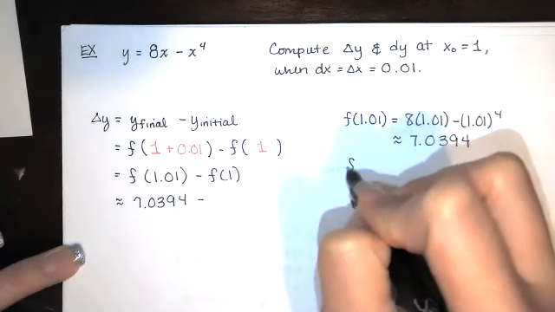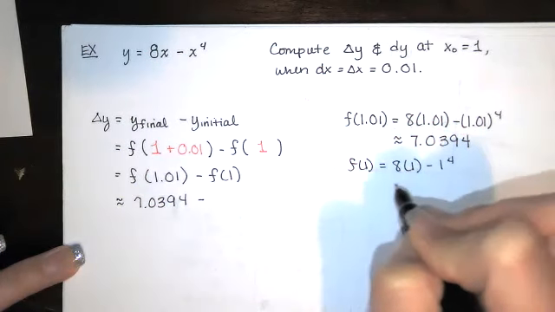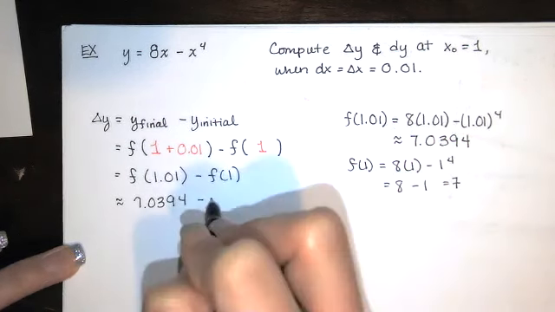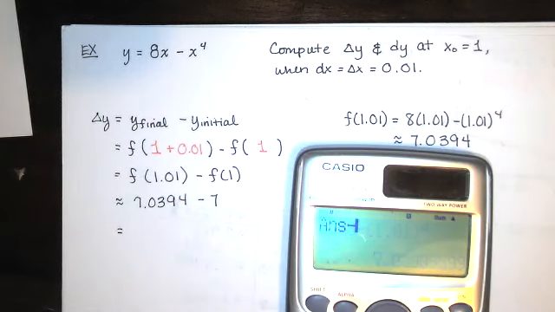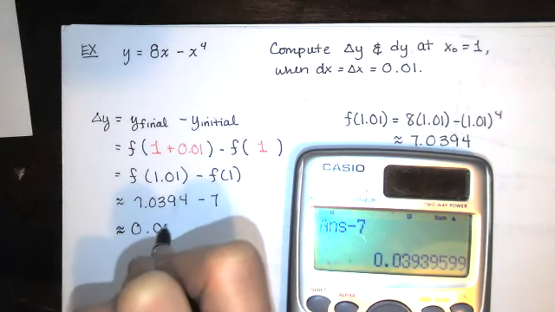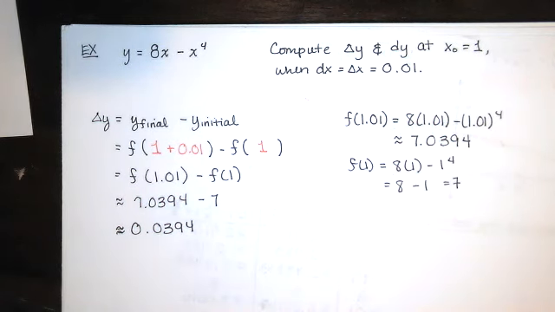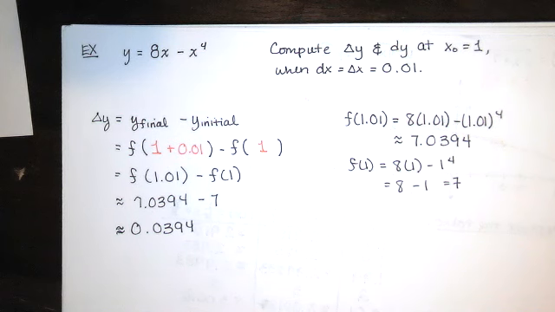And then we'll subtract f of 1, which is 8 times 1 minus 1 to the fourth. So 8 minus 1, which is 7. And then we subtract those, and we get approximately 0.0394. Okay, that's the actual change in y as x goes from x equals 1 to x equals 1.01. If I were on the graph, that's how much y would change.